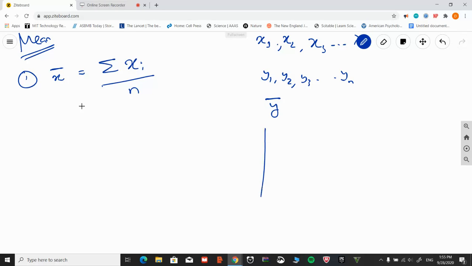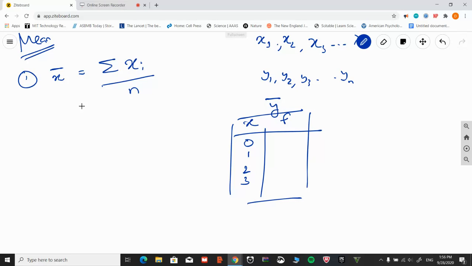Data may sometimes be given to us in the form of a frequency table, x and frequency. And again, you've come across frequency table before. Let's say this frequency table gives us an idea of the number of pet animals in a particular city per family: 0, 1, 2, 3.